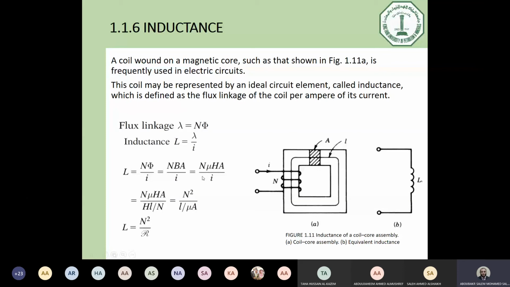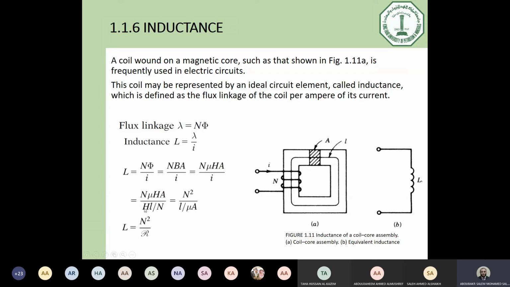If we substitute, is there a question? Right. If we substitute this equation here, you now have N mu H A over I. If you use the equation H L equals N I, you can replace I by H L divided by N.